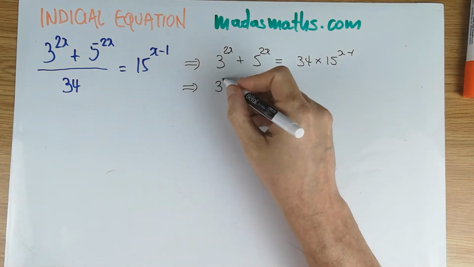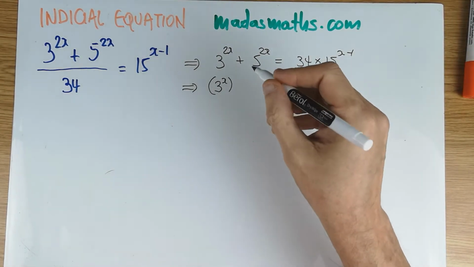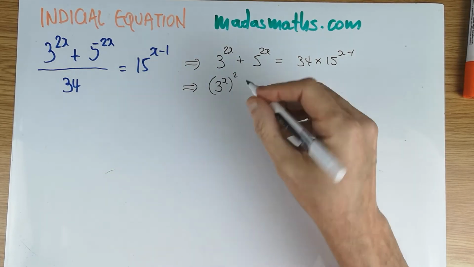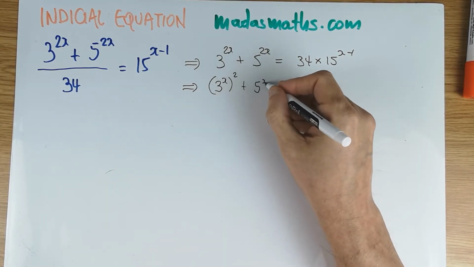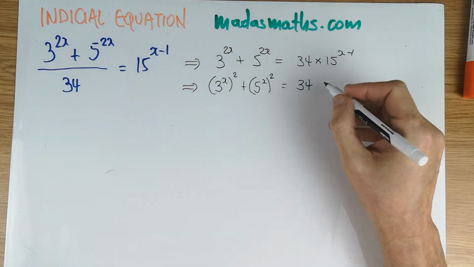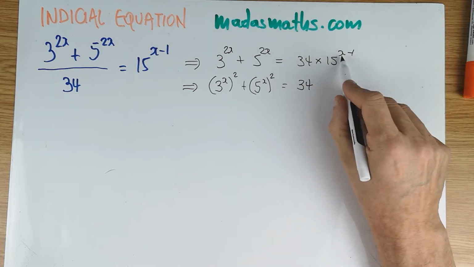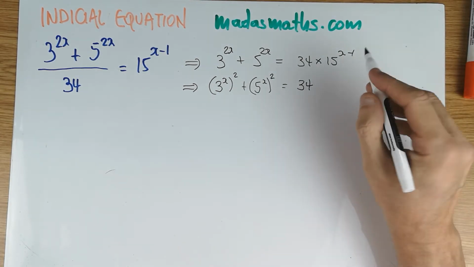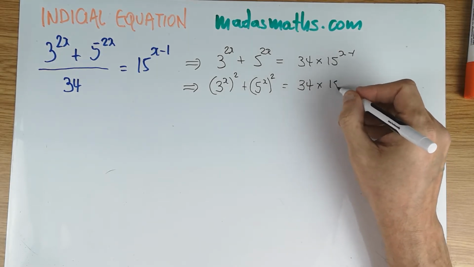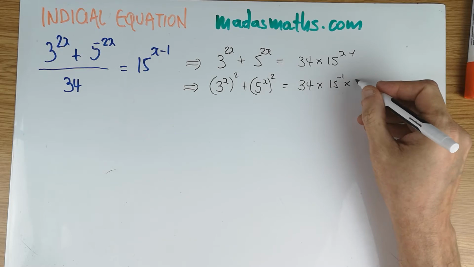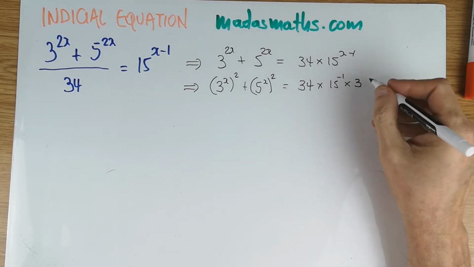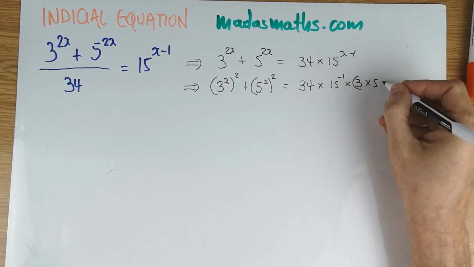So apologies for my cough, as per usual. Today is particularly bad. So we're going to write it as 3 to the x all squared plus 5 to the x all squared. The 34, we leave it for the time being. Now we've got x minus 1, so we're going to write it as 15 to the minus 1 times 15 to the x.